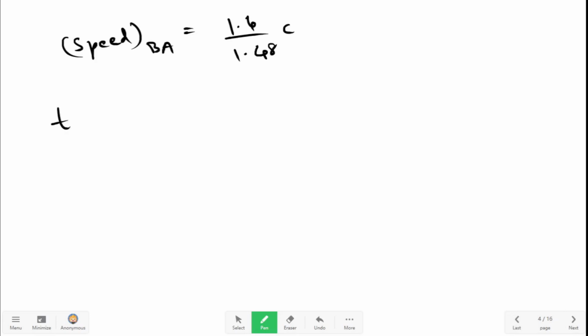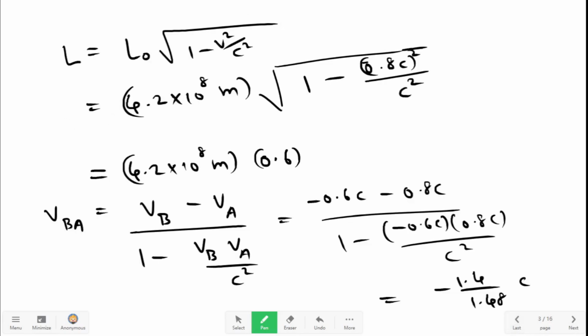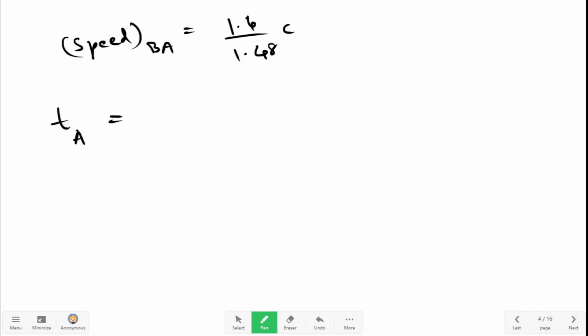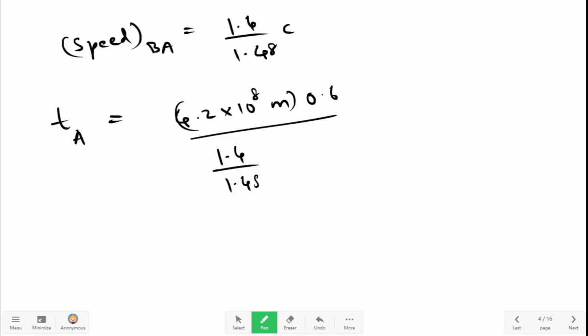Now the time of collision as measured in rocket A's frame is equal to the distance as measured by rocket A, which is 4.2 into 10 raised to 8 meter times 0.6, divided by the speed of B with respect to A, which is 1.4 divided by 1.48 c. This comes out to be equal to 0.89 seconds.